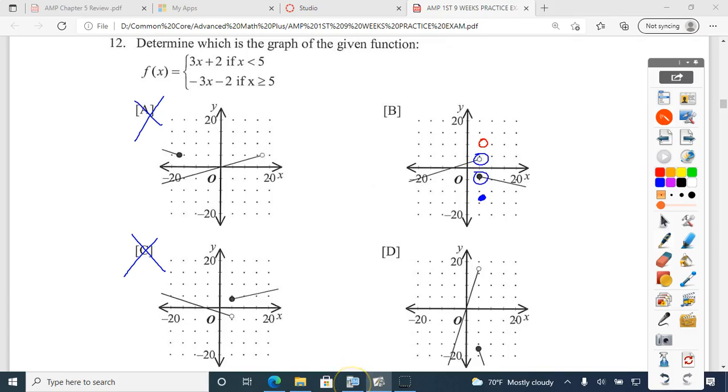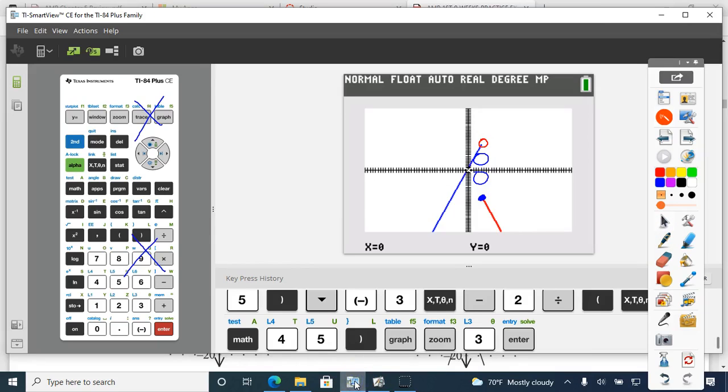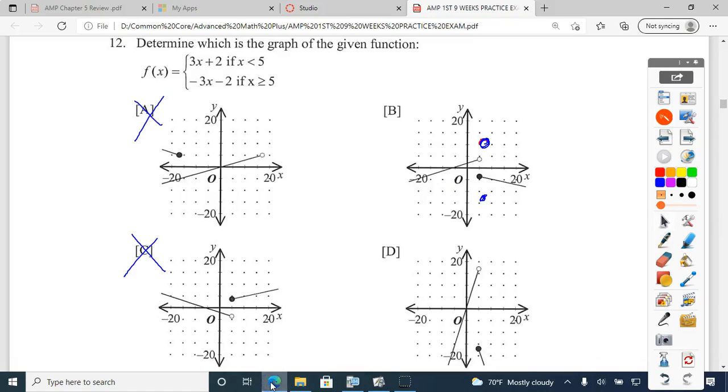Again, if you go back and look at your calculator, these are way far apart. Okay, this one's way up there. This one's way up here. This one's way down here. So my answer is, I can get to it, D. Okay.